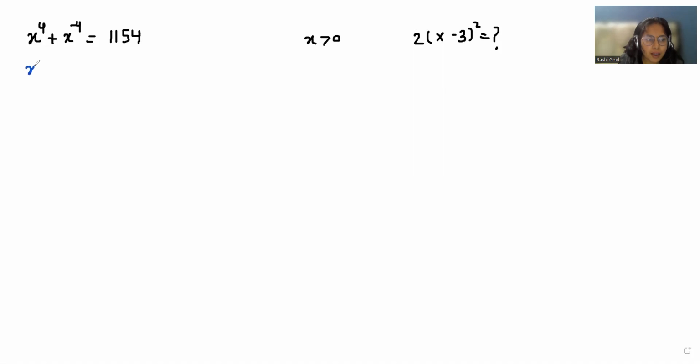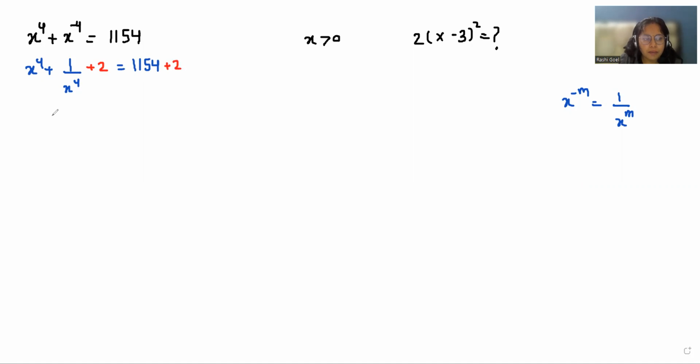So we can write x^4 + x^-4, and x^-m we can write as 1/x^m. So we can write it as x^4 + 1/x^4 = 1154. Now I'm going to add 2 to both sides.